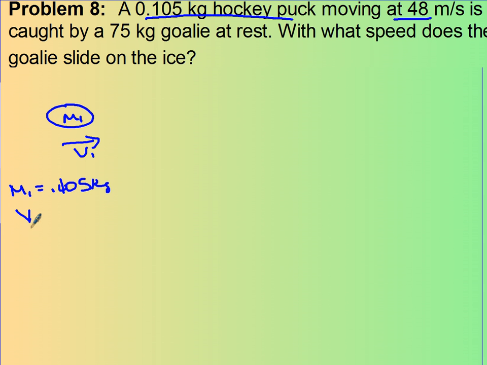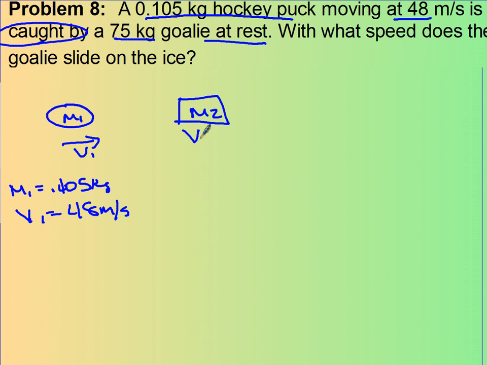And it's moving with a velocity of 48 meters per second. And it is caught, so we're talking inelastic collision, by a 75 kilogram goalie at rest. So here's my goalie. I'm going to make him a box. He's M2, and his initial velocity is 0. So M2 is 75 kilograms, and V2 is 0.